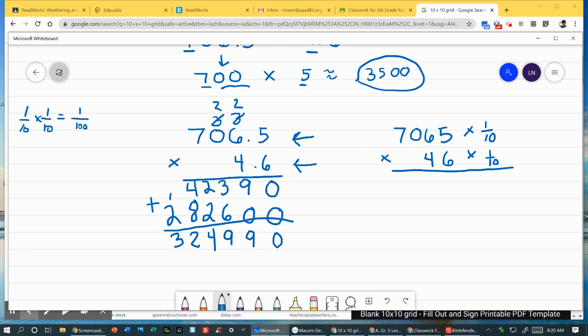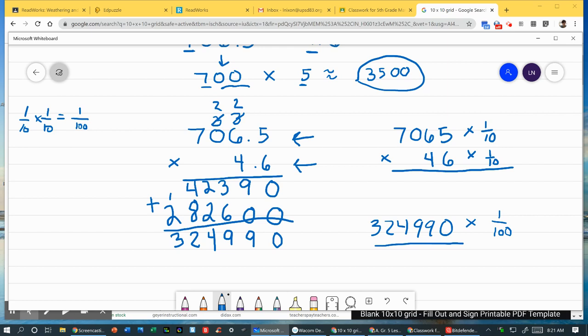So if we are multiplying a certain number of tenths times a certain number of tenths, we should be getting a certain number of hundredths. In fact, we should be getting 324,990 times 1/100.